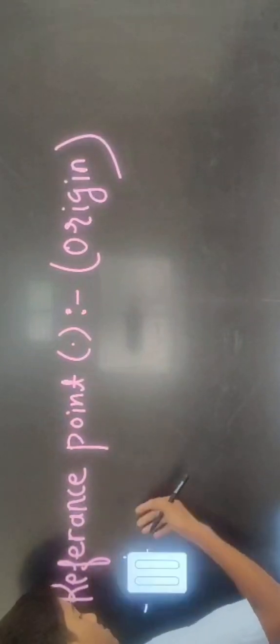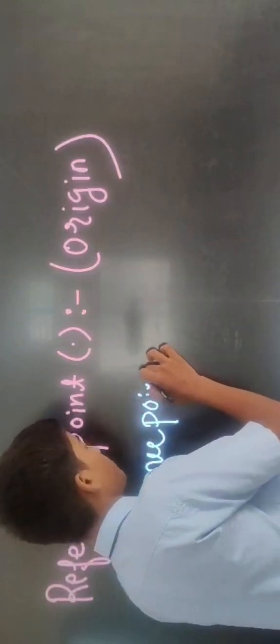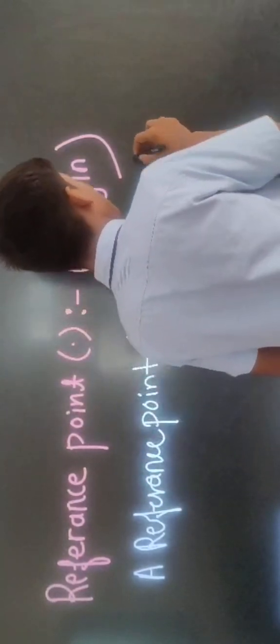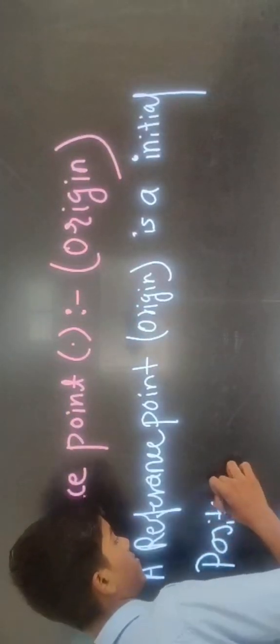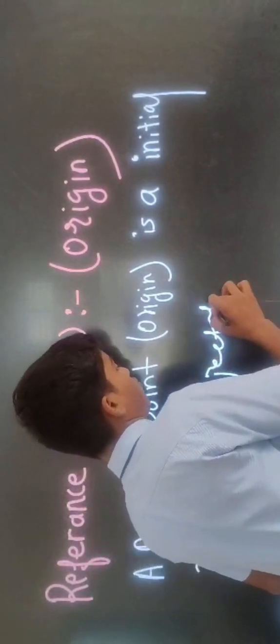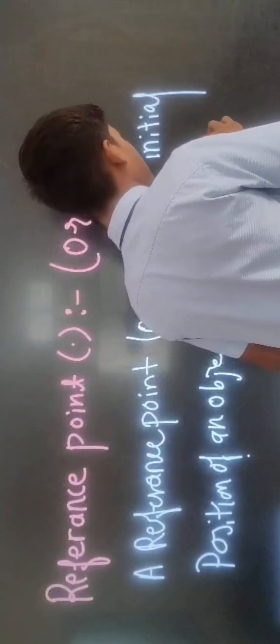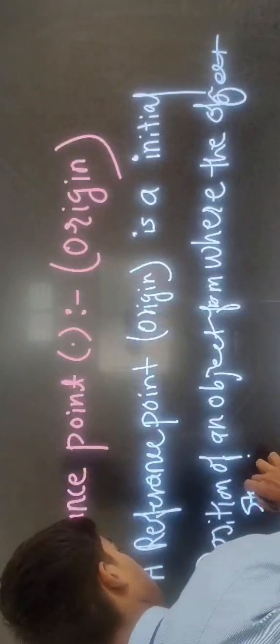And now here is the definition of reference point. The reference point, origin, is the initial position of an object from where the object starts the motion.